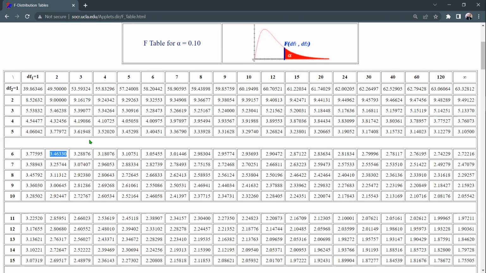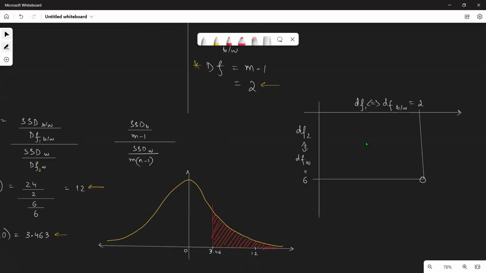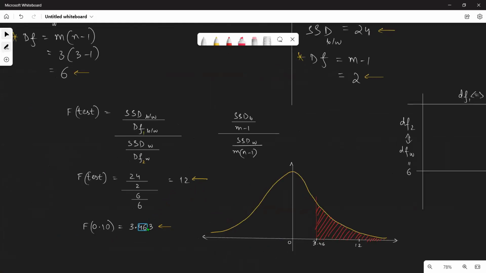So the same value we have used in our question, and that basically denotes the place from where your rejection region starts. And this point shows the value for your H0.